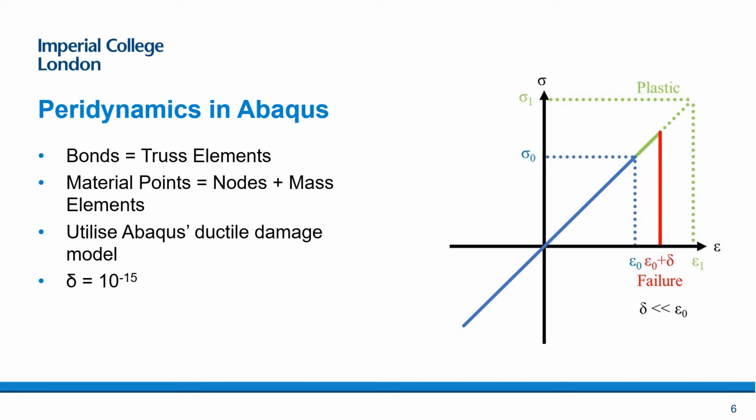So we essentially have a linear elastic region, and when we get to the point of fracture, we have a very small amount of plastic deformation, like an arbitrarily small amount, 10 to the minus 15 extra strain, and at that point we have fracture.